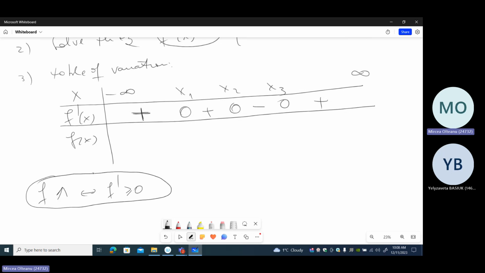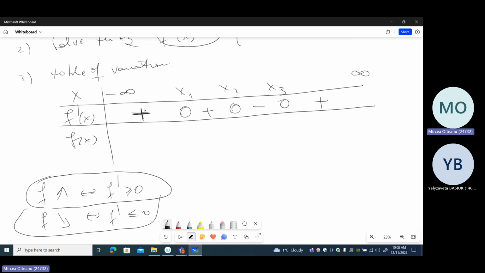What we did in the first hour is the core of calculus. And if f is decreasing, this is equivalent with a negative derivative. Of course, everything under some appropriate hypotheses, and we made them already. We know f has a derivative at every point, and so on.